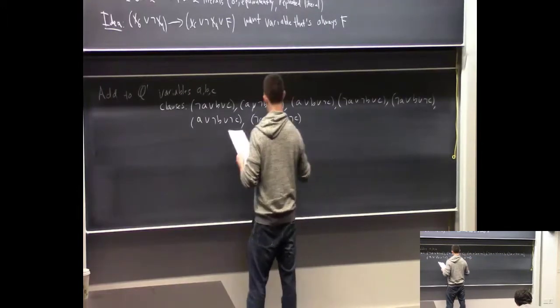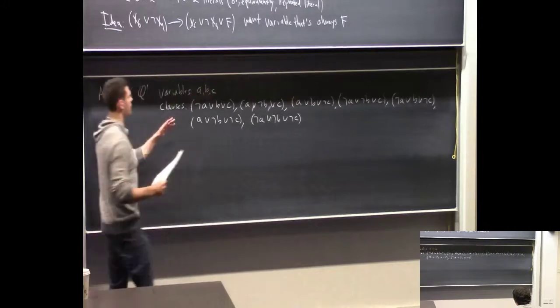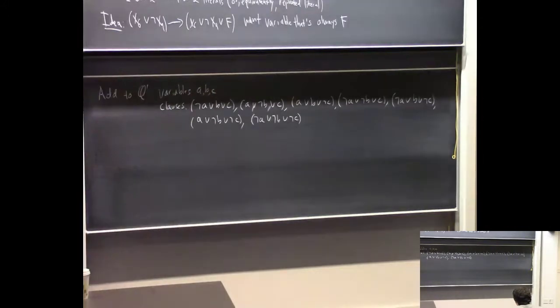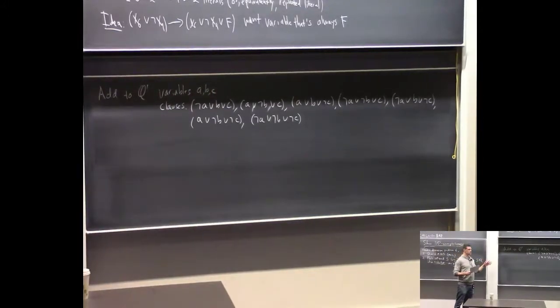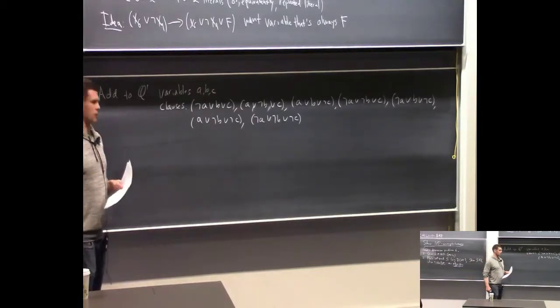Great. Okay. So if I have these 7 clauses, what do I know about A, B, and C that satisfy these clauses? So again, these are all clauses except for A or B or C. They're all false.